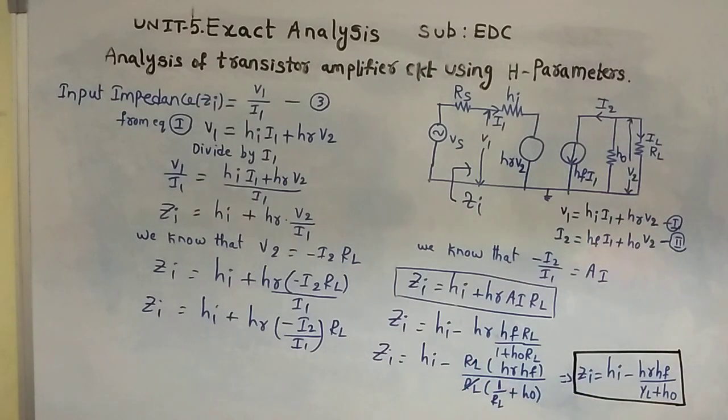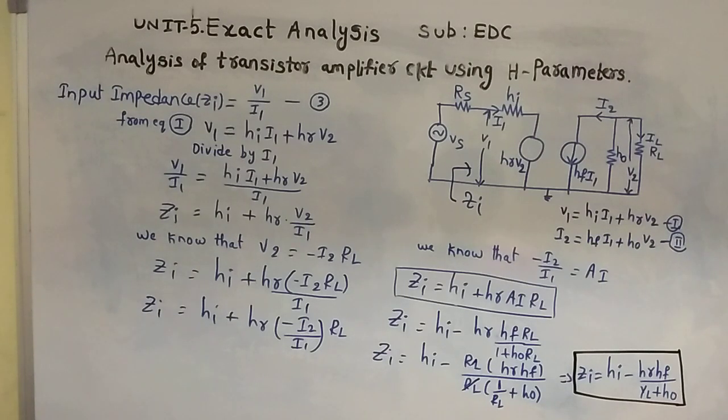Then Zi is equal to Hi minus HR HF by, 1 by RL is nothing but YL, admittance, plus HO. This is another formula: Zi is equal to Hi minus HR HF by YL plus HO, output admittance. This is another equation for input impedance.